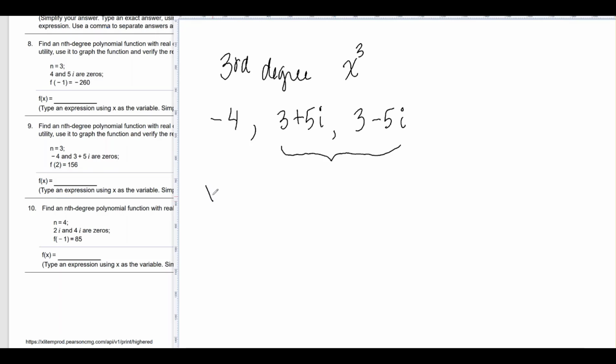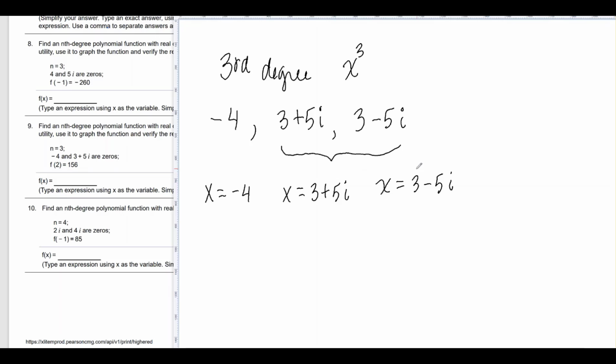That means x equals -4, x equals 3 plus 5i, and x equals 3 minus 5i.